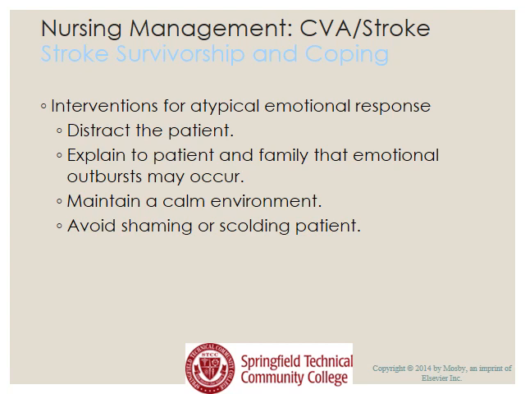You're going to maintain a calm environment and avoid any sort of shaming or scolding of the patient. It's very important that as nurses we don't infantilize our patients, that we treat them as adults, as humans, and maintain an environment of understanding, but also of encouragement. You want to lift your patients up and make sure that even if they respond in an unusual manner, we still treat them with respect and dignity.